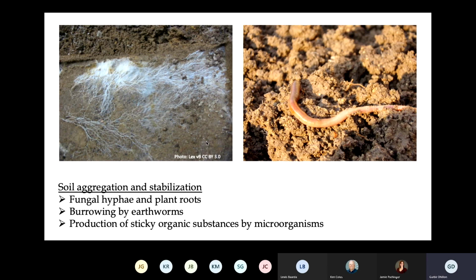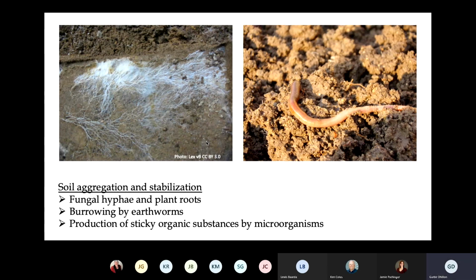The hyphae and the plant roots also exude sugar-like substances which are sticky in nature and act as cementing agents. Similarly, the mycorrhizae also secrete a sticky proteinaceous substance called glomalin that is very effective as a cementing agent.